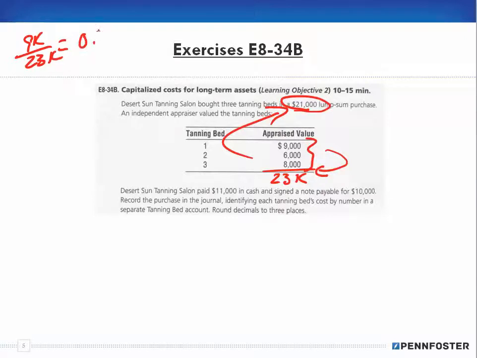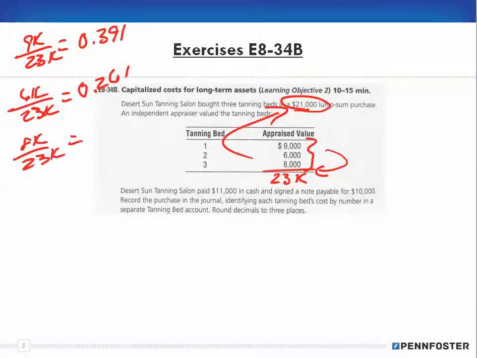Ends up being 0.391, all right, 39.1%. 6,000 divided by 23,000 is 0.261, and 8,000 divided by 23,000 is 0.348.